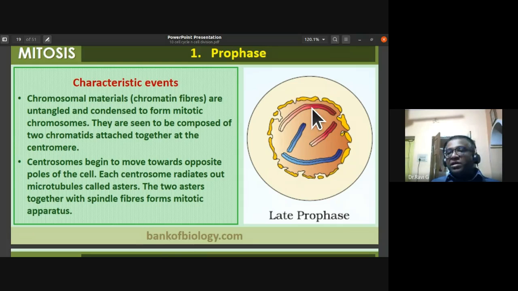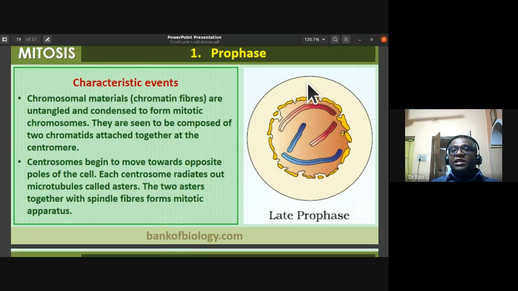You find the two sister chromatids, and they have four chromosomal arms. So the centrosomes in case of animal cell division, not in plant cell division, begin to move towards the opposite pole of the cell.